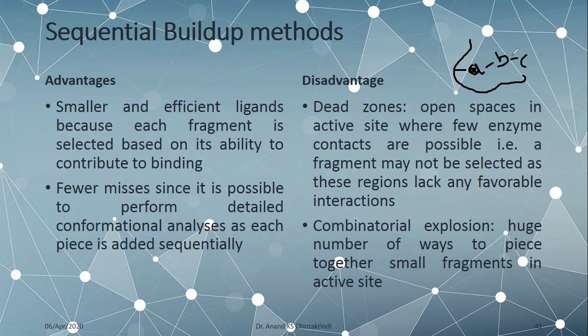So the method, although it allows for various customizations, that is, it can search various conformations of a particular fragment, plus it can search for the various orientations of that fragment, not only, say, the chair conformation and boat conformation of cyclohexane.